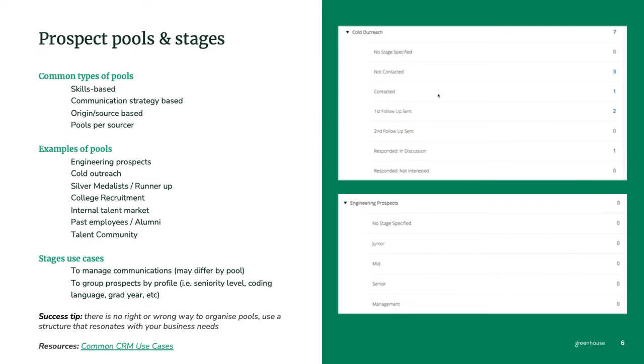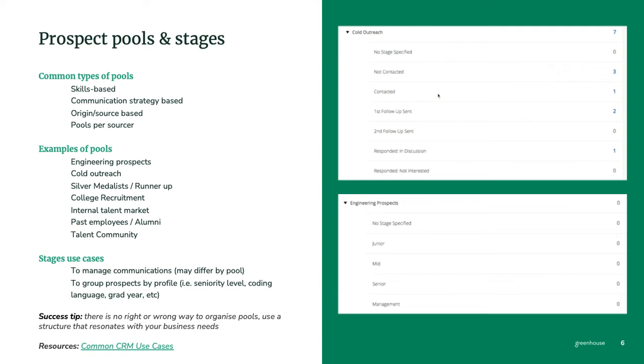You could elect to have an email campaign targeted towards bringing in and nurturing new prospects, for example. And of course, there's also origin or source-based, such as college recruitment or the silver medalist pools we spoke about earlier. And then finally, you can always classify your pools by sourcer, meaning who's doing the sourcing and how are they doing it.